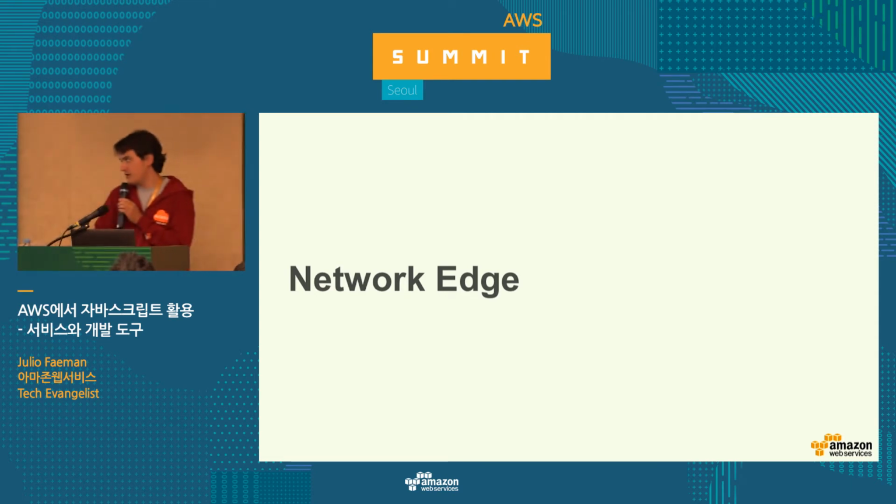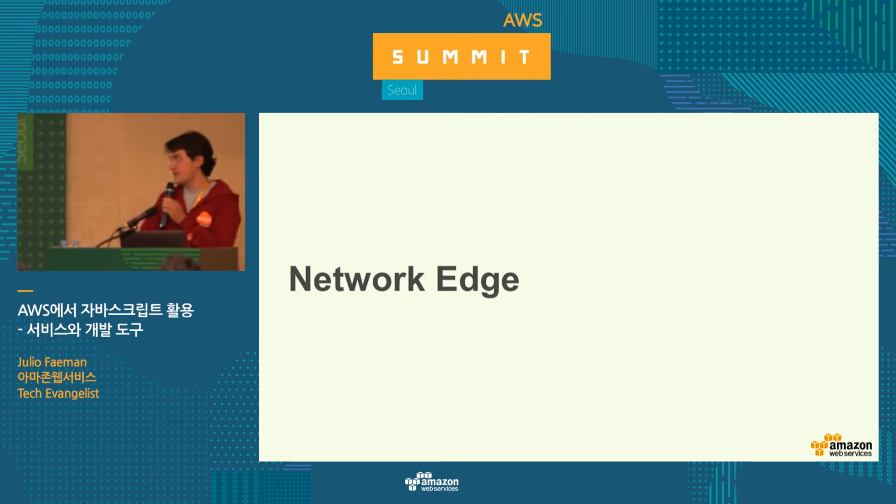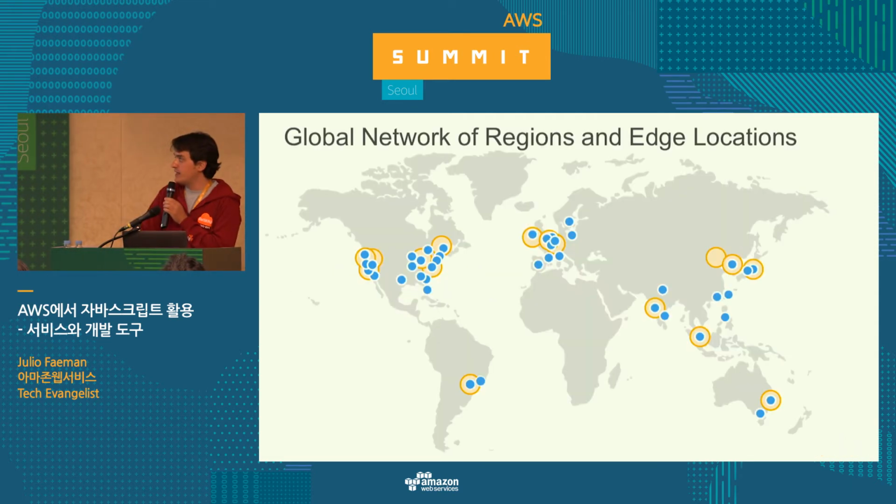And going even a bit further, on the network edge, locations are these blue dots where you can have your functions or your state or your HTTP requests or your DNS queries answered more quickly as they are closer to end users.